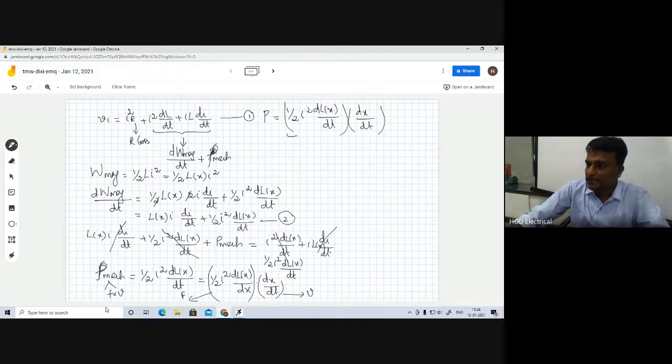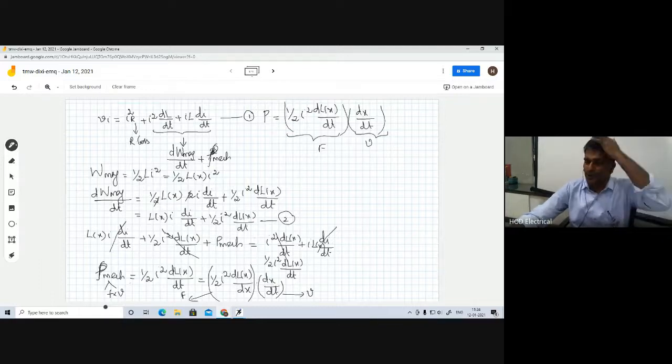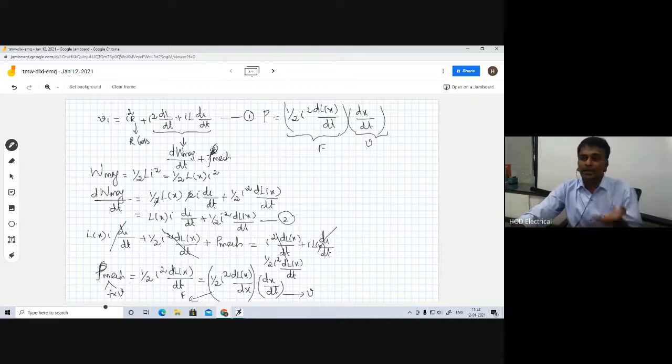This is our force and this is our velocity. So what we have concluded for linear motion is that the mechanical output power equals half I square dL(x)/dx into dx/dt.